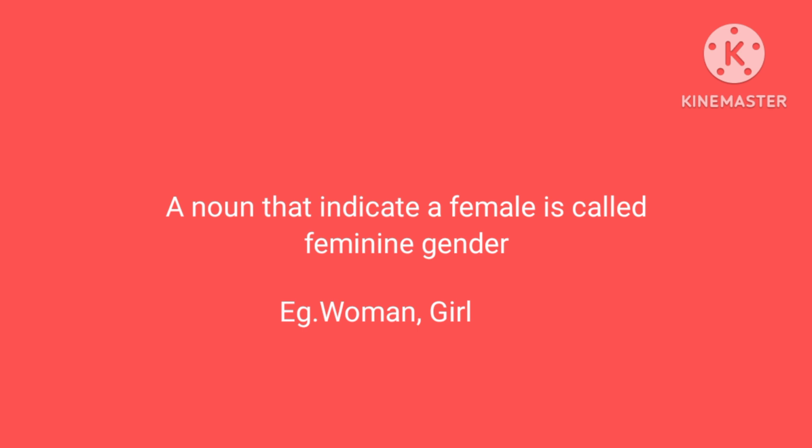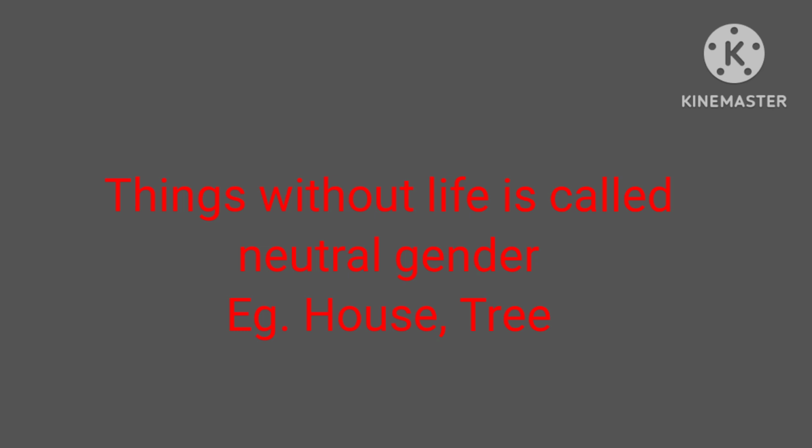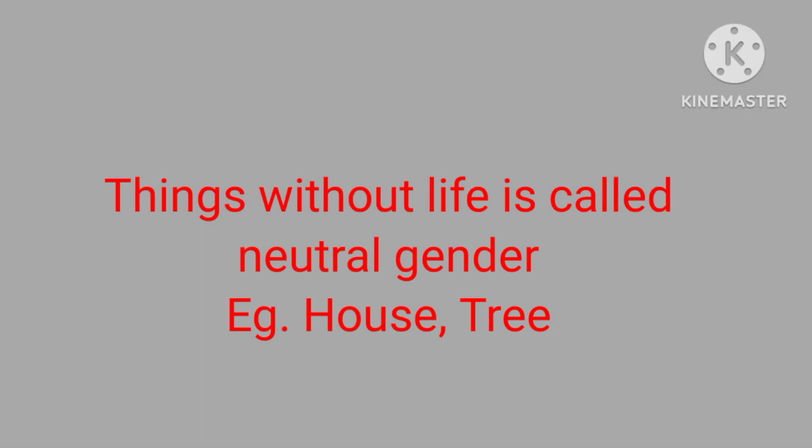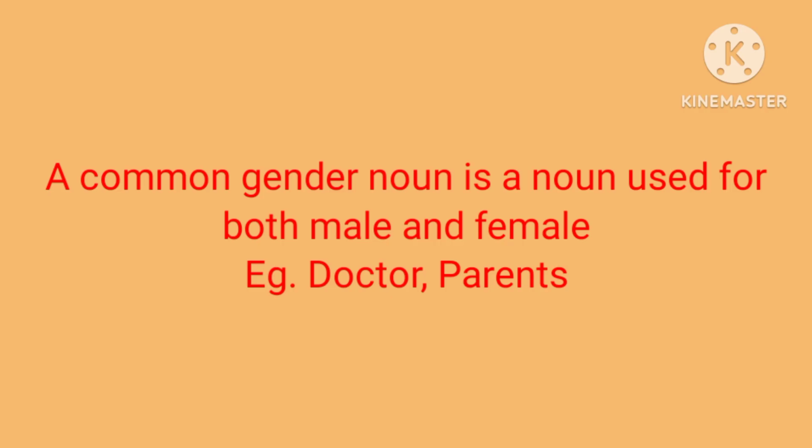Example, woman, girl. Things without life are called neuter gender. Example, house, tree. A common gender noun is a noun used for both male and female.